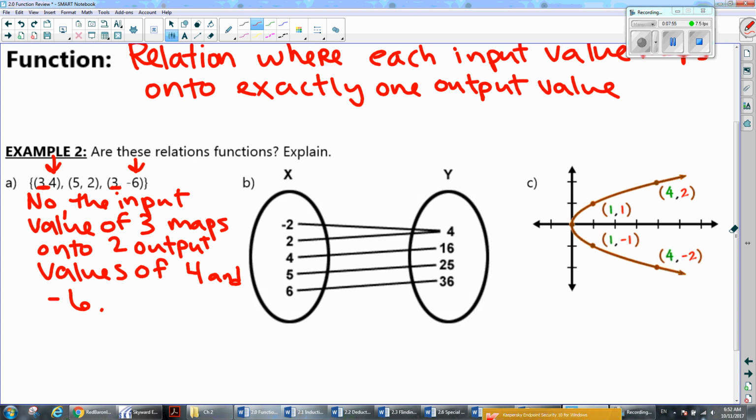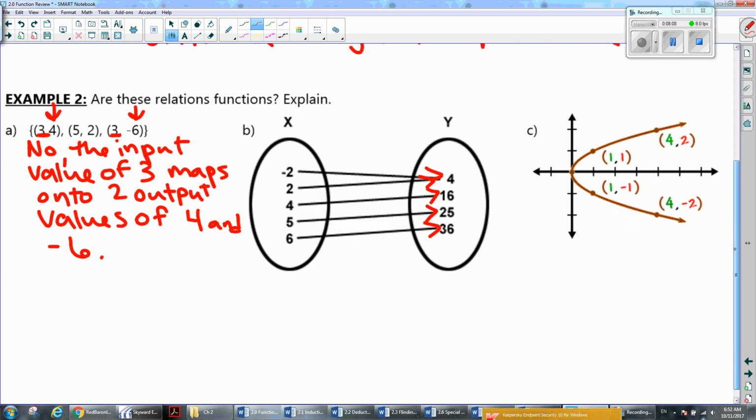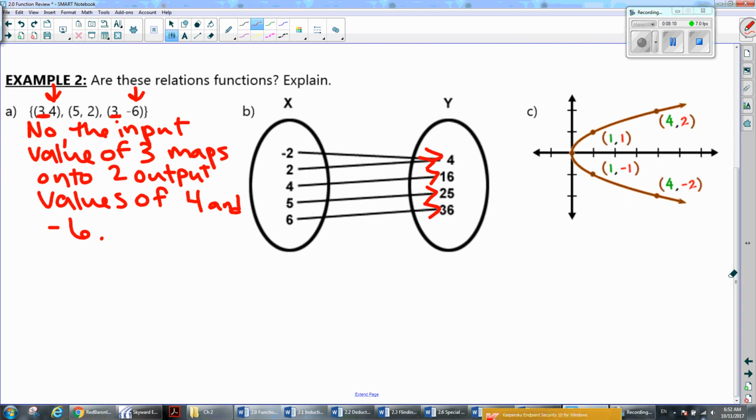Okay, here's our mapping diagram. We have -2 that goes to 4, 2 that goes to 4, 4 maps to 16, 5 maps to 25, 6 maps to 36. Is this a function? And this is yes. There's only one arrow going from each of these inputs.